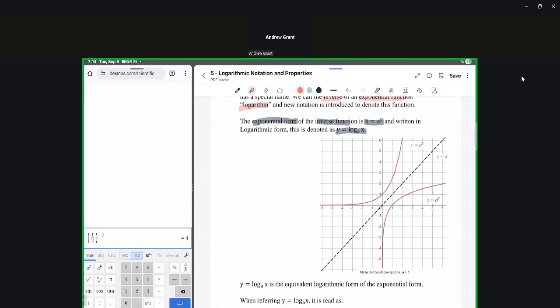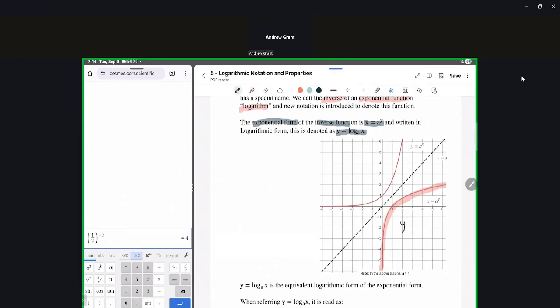Okay? And so our focus today will be this curve here that I highlighted. This will be the equation y is equal to log base a of x, which is identical to what we just wrote.